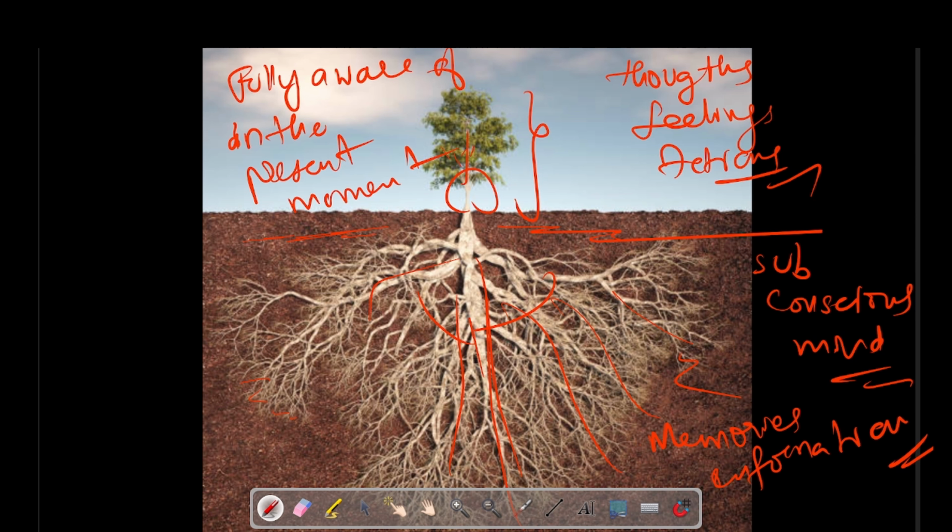Much like how the roots anchor the tree and provide nourishment, your unconscious mind influences everything above the ground, though you can't see it. See, if there are no roots here, there is no tree at all, isn't it? Just like without the unconscious mind, there is no conscious mind.